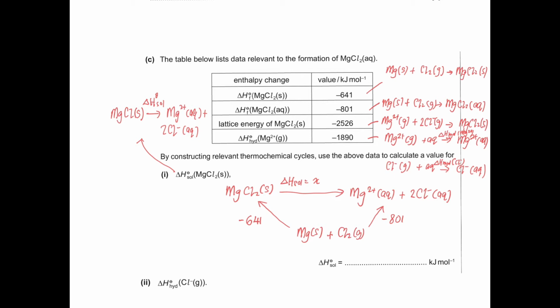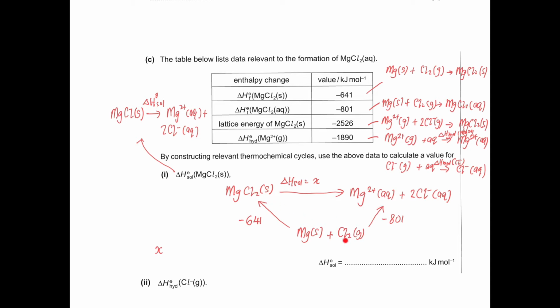According to Hess's law, if you want to form a particular product, you either do it directly, which is X, or you can also do it indirectly, where you do it in two steps. For example, from magnesium chloride solid, you change to elements. So you have to go down, and after you go down, then you go up again to form the product.